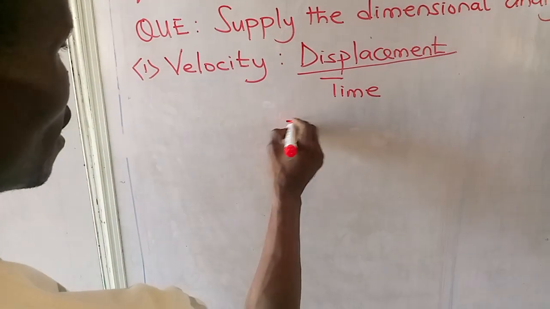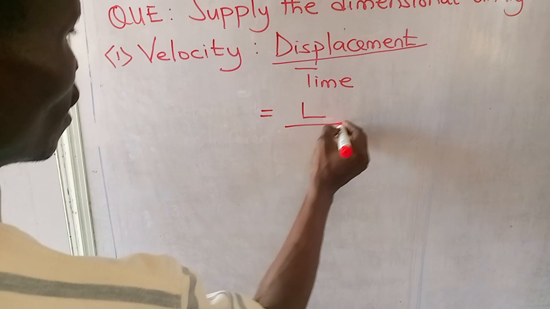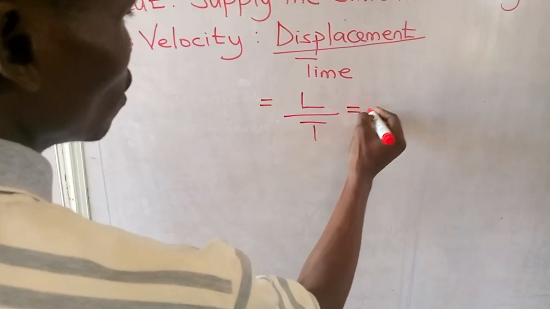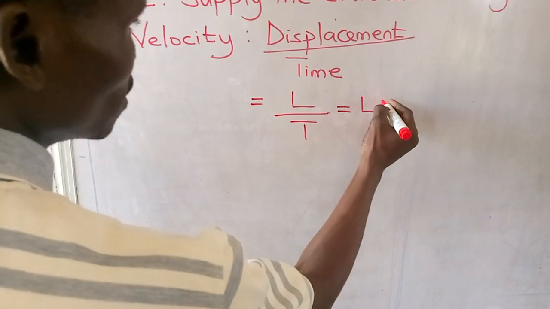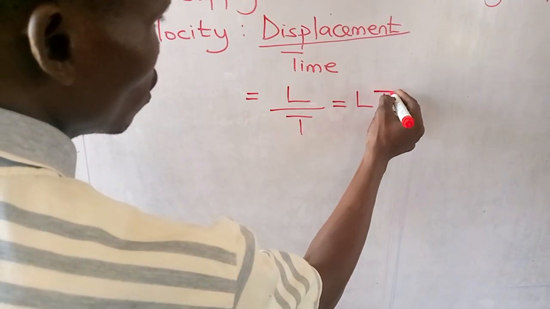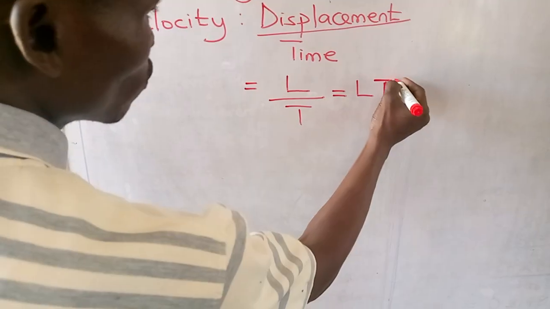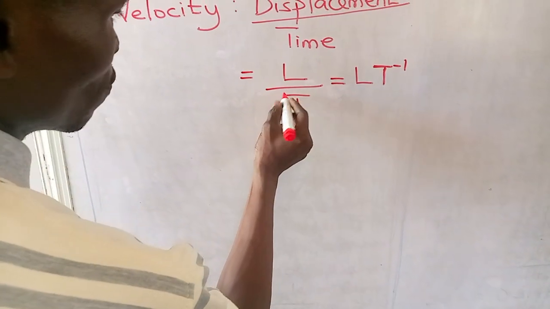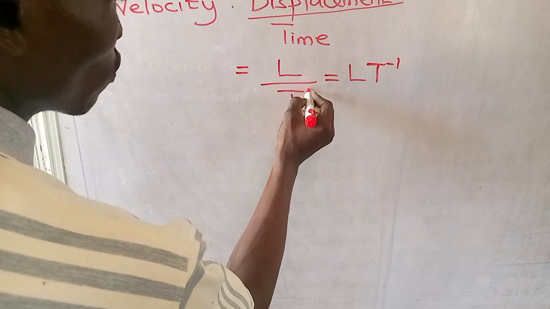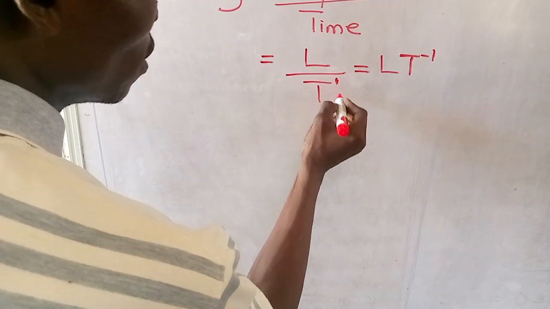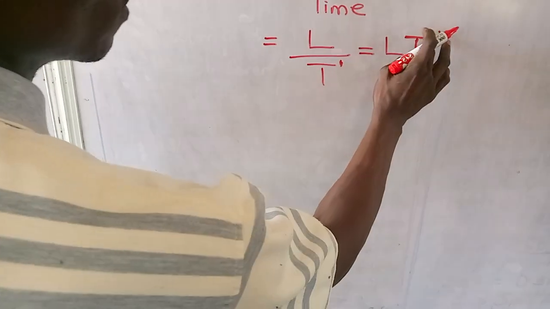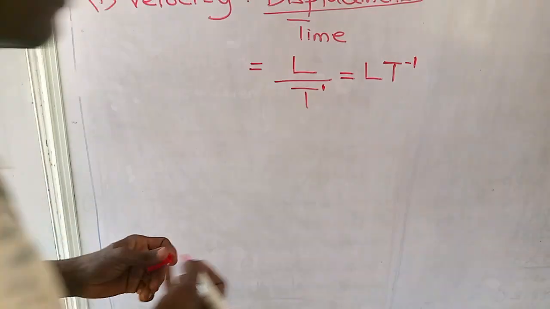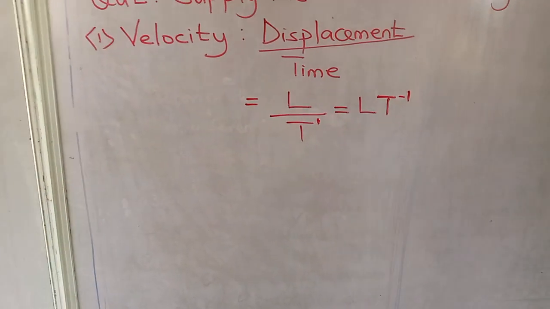So that is length over time, that's T. So velocity will be L, bring it in indices, T now. When you have division, it will turn to minus, raised to power minus 1. Under indices, division turns to minus. That's T, so it becomes T raised to power minus 1. So that's the dimension analysis of velocity.